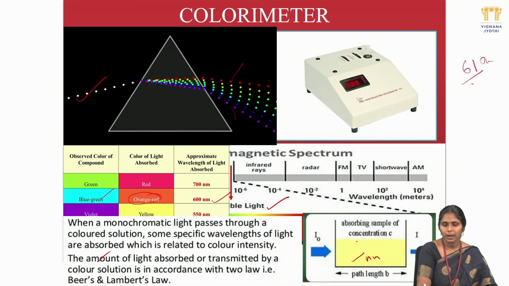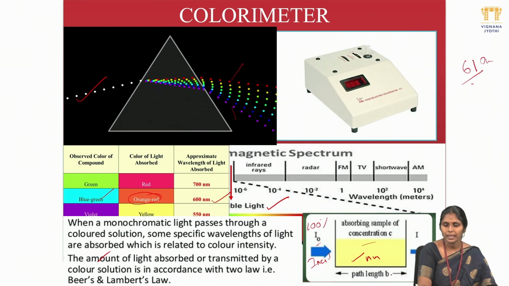Whatever light passes through a solution, here a colored solution, that complex we have to place in a cuvette. Suppose 100% of light is incident; I naught is called the incident light.